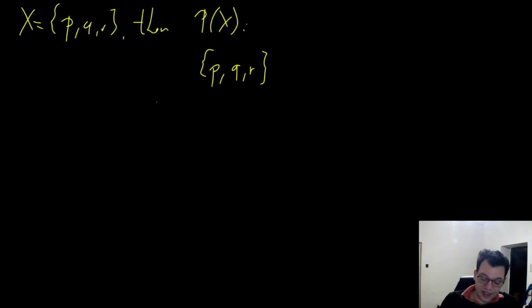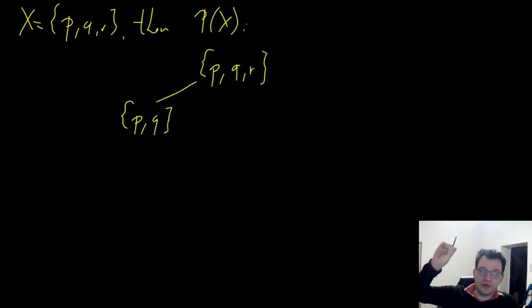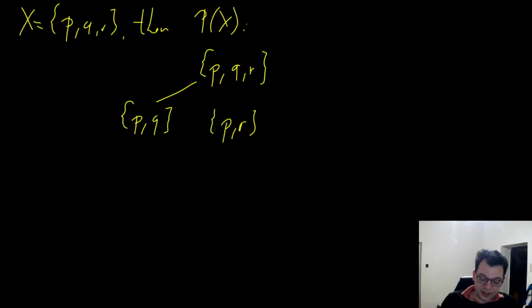So in this case, for example, I'm writing here {p,q}, and from {p,q} I can move to {p,q,r} by moving always upwards, and this is why it's depicting that {p,q} is smaller than or equal to {p,q,r}. And of course, {p,r} is also smaller than {p,q,r}. This is a subset of it.